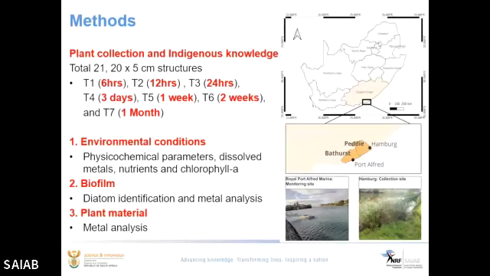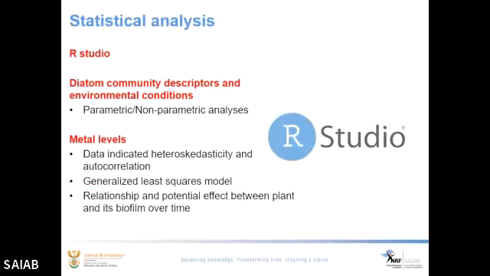At each time interval, environmental conditions such as physiochemical parameters, dissolved metals, nutrients, and chlorophyll A were measured in triplicate, and the biofilm was collected for diatom identification and metal analysis. The plant material was also collected for metal analysis.